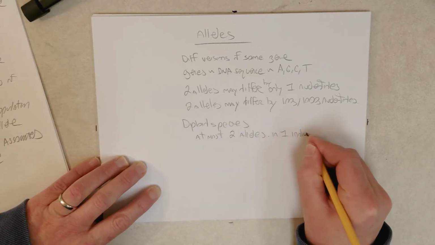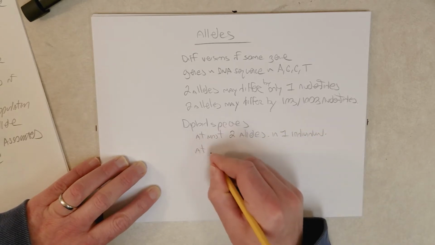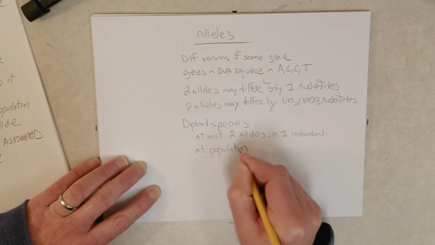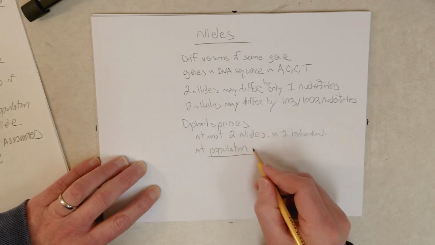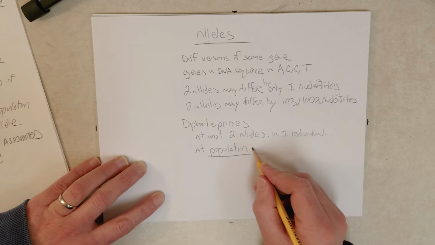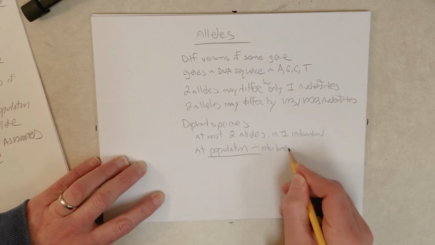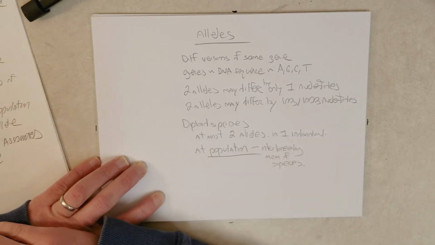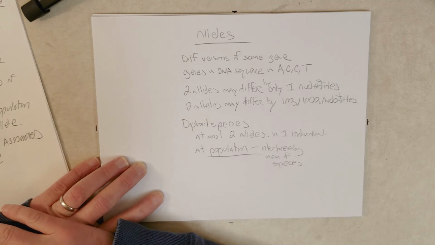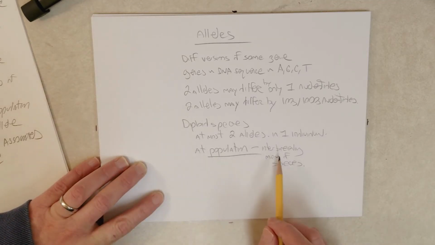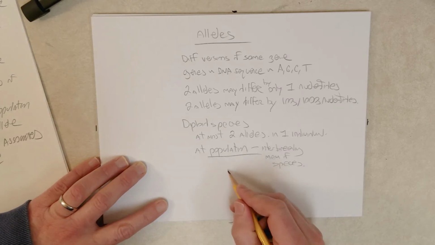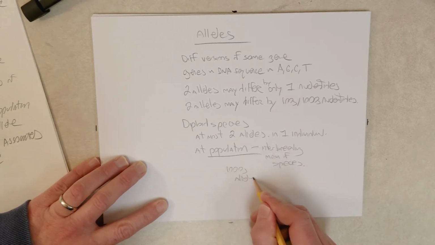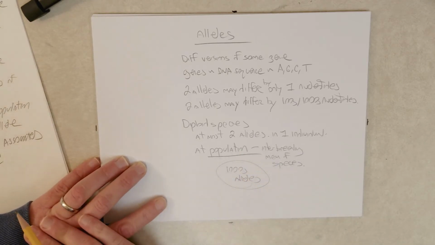But at the population level, and we can consider a population to be all the potentially interbreeding members of a species, so we can assume all the humans on Earth are considered one population, there could be thousands of alleles in the human population for a single gene.